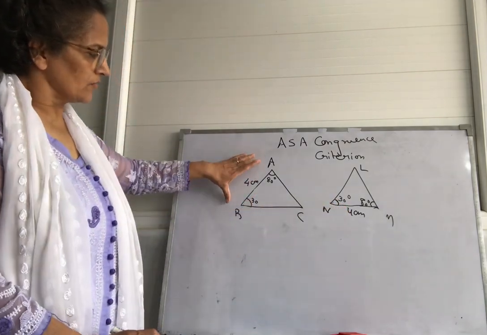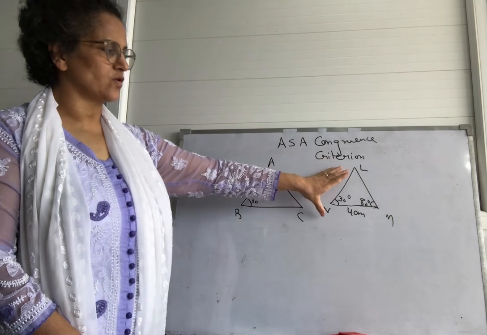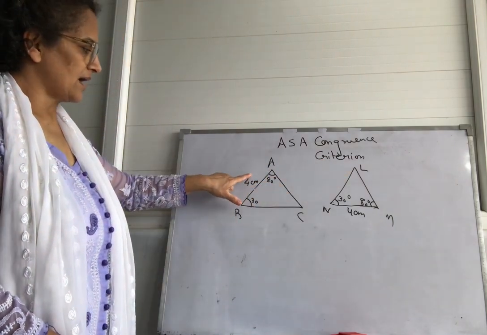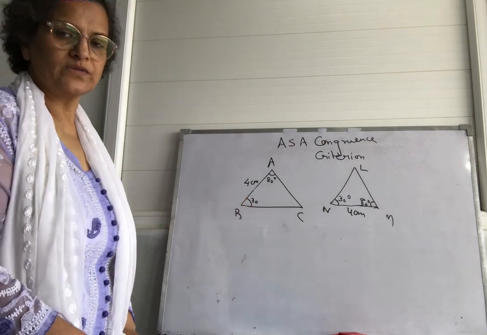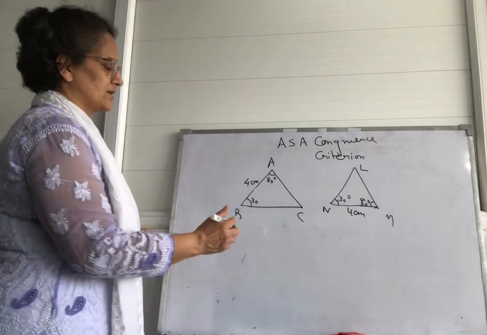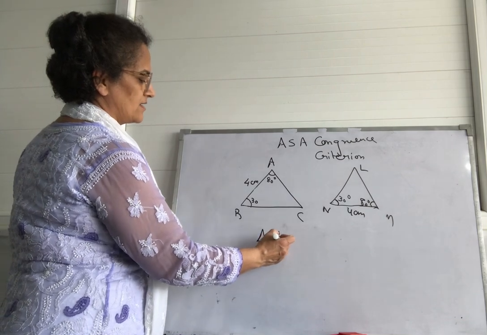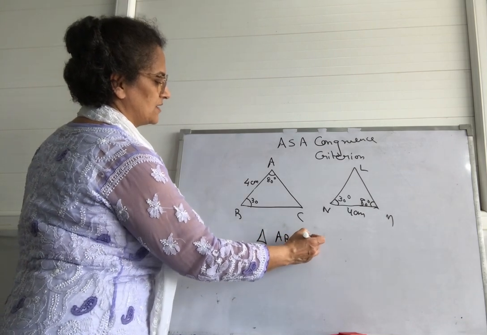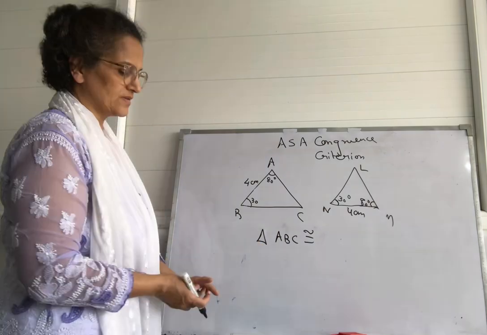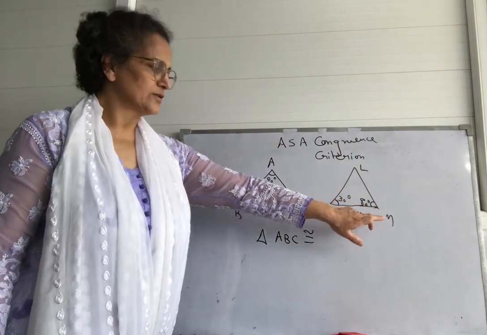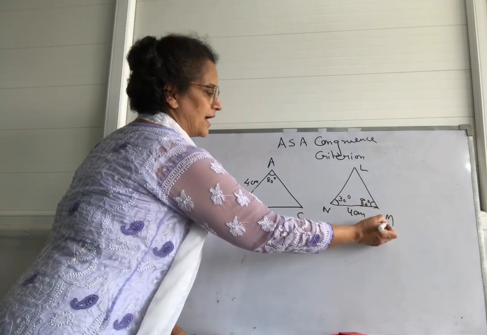So we can say ABC is congruent to this triangle by ASA congruence rule. So let's write the correct correspondence. Triangle ABC is congruent. Now you can see 80 degree here, so I have to write M first.